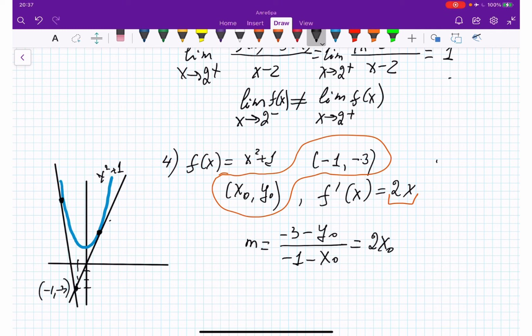It's right here, f prime of x, which is equal to 2x, but at the point x0.